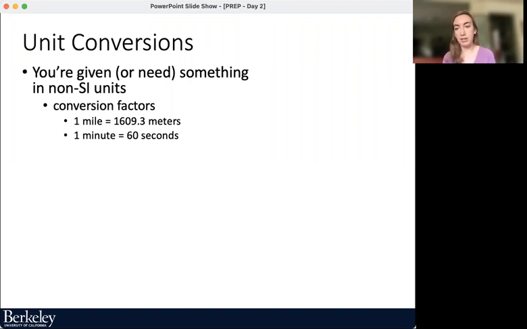For the most part, like I've said a million times and will continue saying over and over again, I really don't like memorizing stuff. Some of these conversion factors, just because you use them all the time, you'll end up memorizing. But in general, these are going to be given to you. And in college, hopefully people aren't going to be testing your memorization of unit conversion.